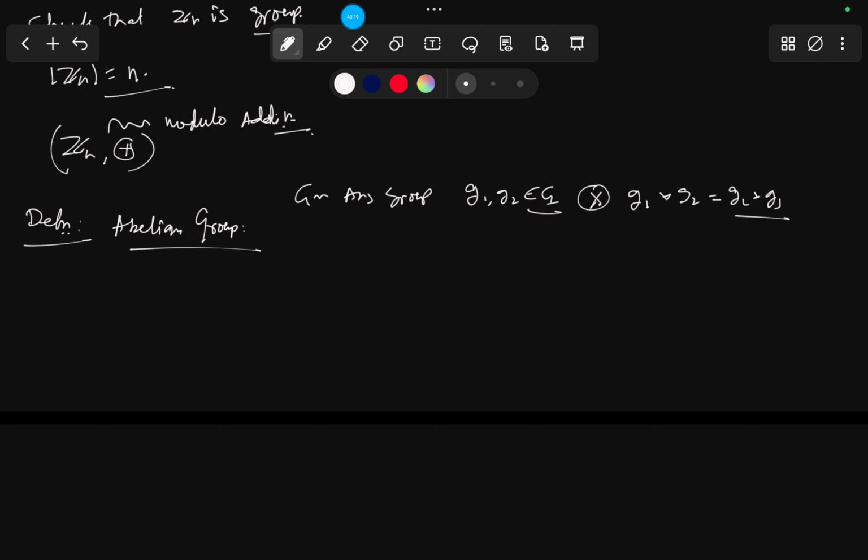That may happen for some elements, that may not happen for others, but it's not guaranteed to be universally true. But there are some groups where for all g1 and g2 in G, we have g1 star g2 is the same as g2 star g1, right? Then G is said to be an abelian group.